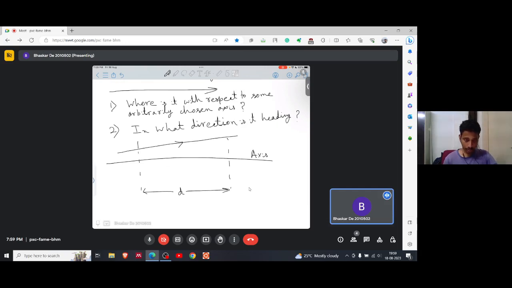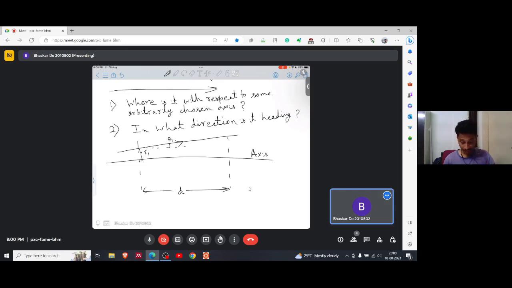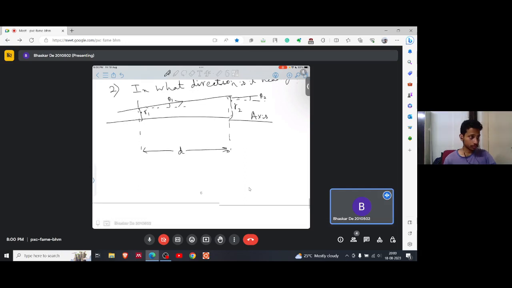When the beam is entering a dielectric of length d, it was here at r1. This is the distance from the axis, and the angle it made with the axis is theta 1 when it entered the dielectric. When exiting the dielectric, the distance is r2, and the angle it has made with the axis is theta 2.